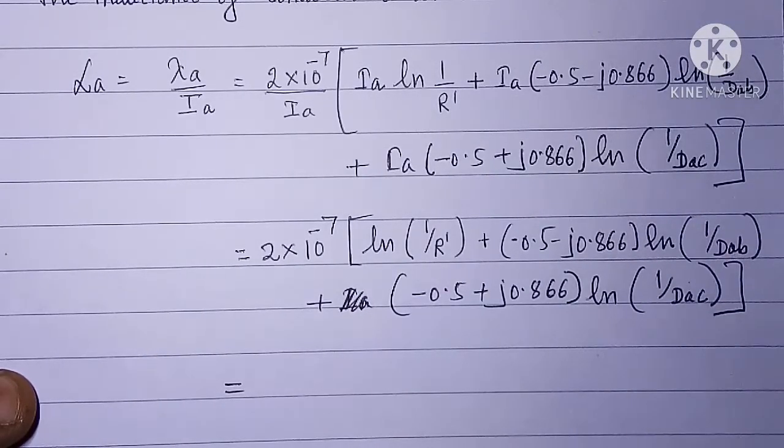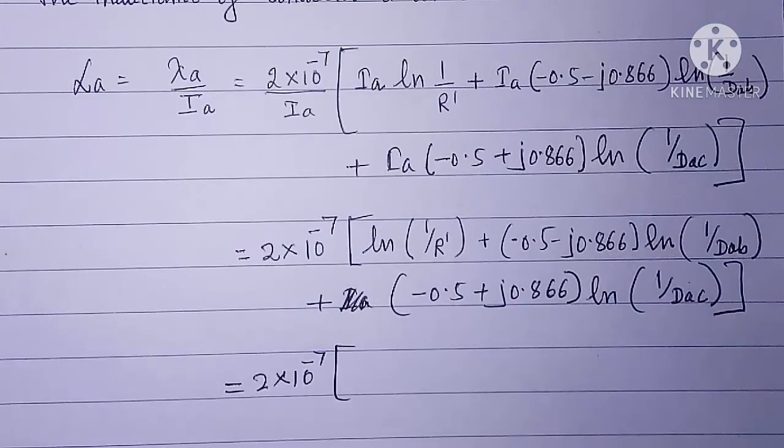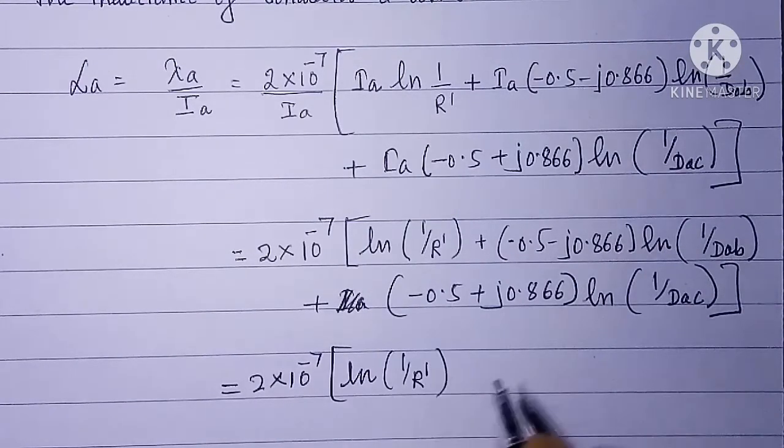That is equal to 2 into 10 raised to minus 7 ln of 1 upon r dash.